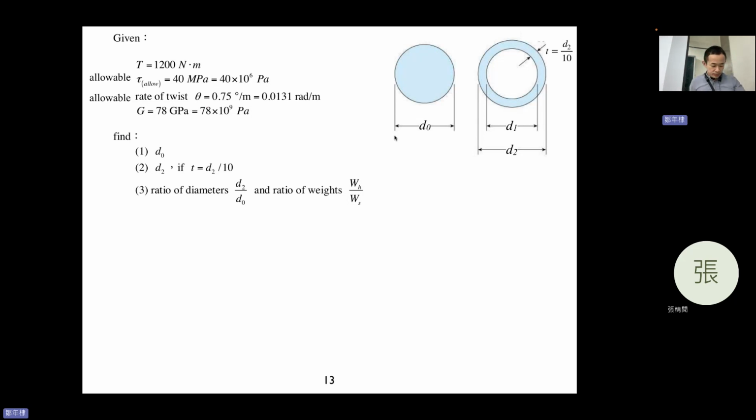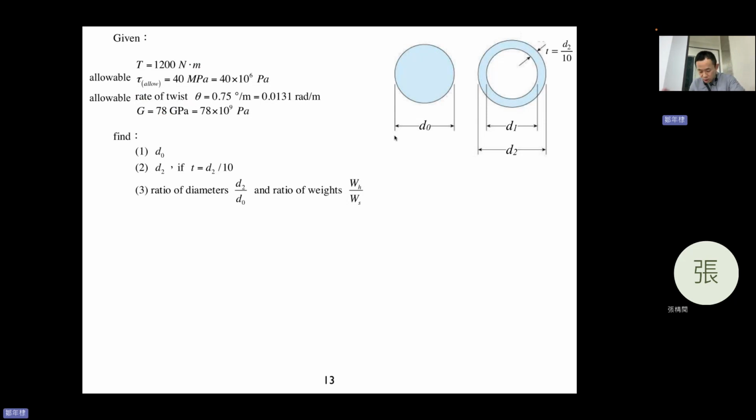Given the torsion is 1200 N·m, the allowable shear stress of the material, tau allow, is 40 megapascal, and the allowable rate of twist theta equals 0.0131 radian per m. Which means that there are two limitations. The first one is tau allow. The other is the allowable rate of twist.